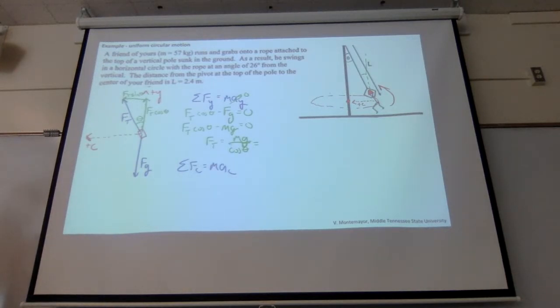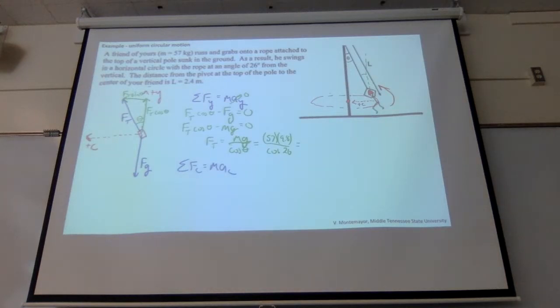So let's plug those numbers in and see what we get. Mass is 57, g is 9.8, and cosine of our angle, which was 26. Does anybody have that calculated? Anybody want to help? Anybody want to be friendly and help the teacher figure these problems out?